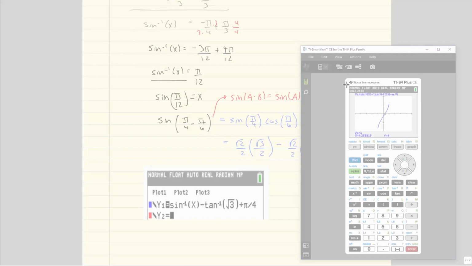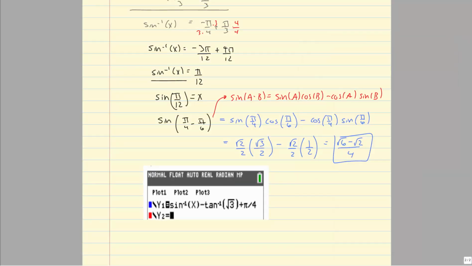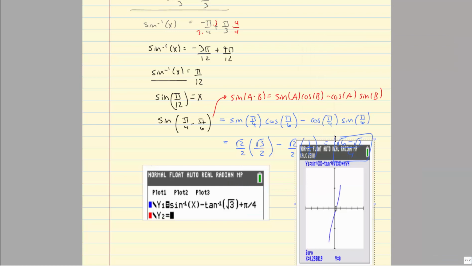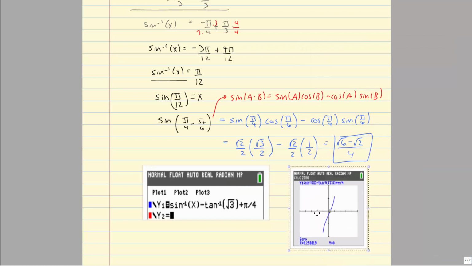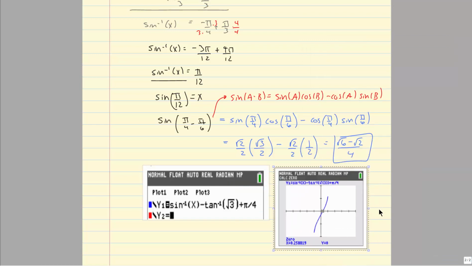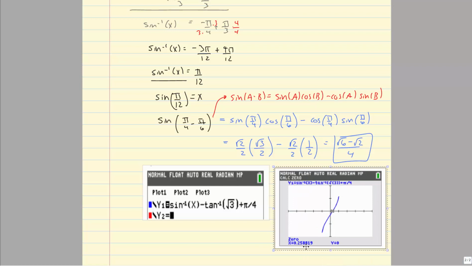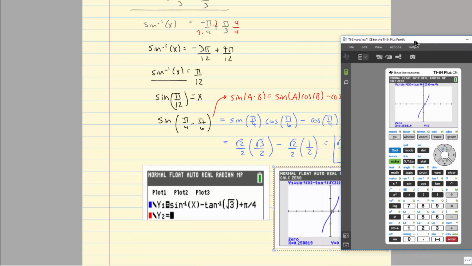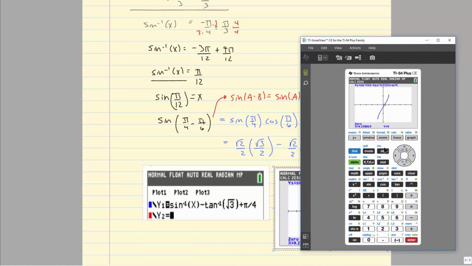So again, I am in radian mode, so that's important. And I can see that my decimal approximation is right here, the 0.258819. So what I'm going to do next then is I'll figure out what my decimal approximation is for root 6 minus root 2 all over 4.